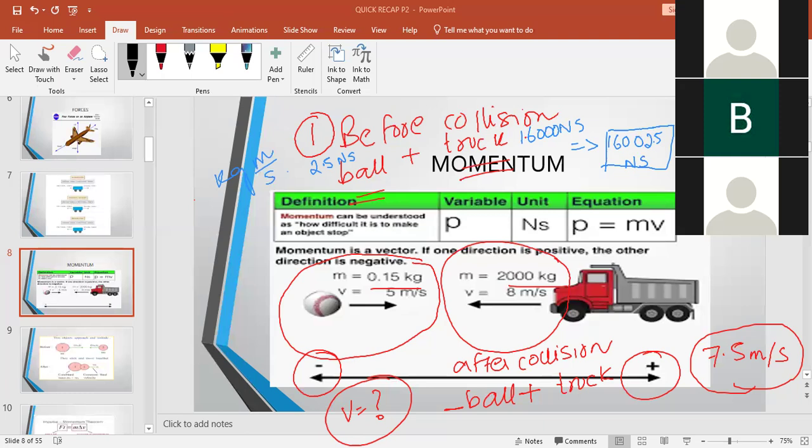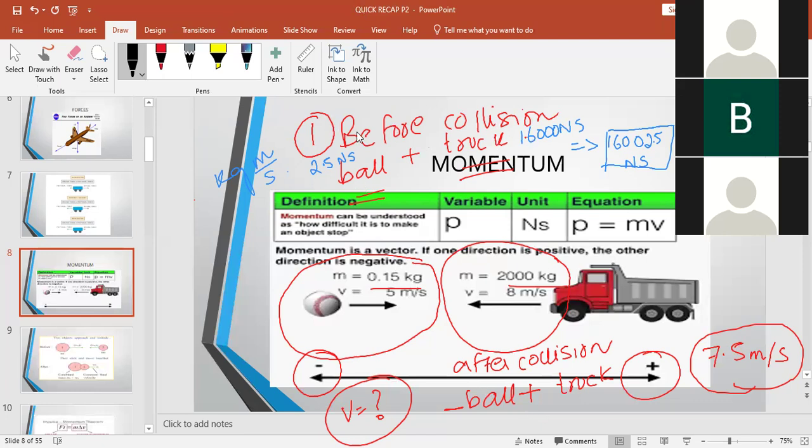We will do the mass of the ball multiplied by the velocity, which is unknown, and then equals the mass of the truck multiplied by the velocity. Plus, you will add it for after collision.